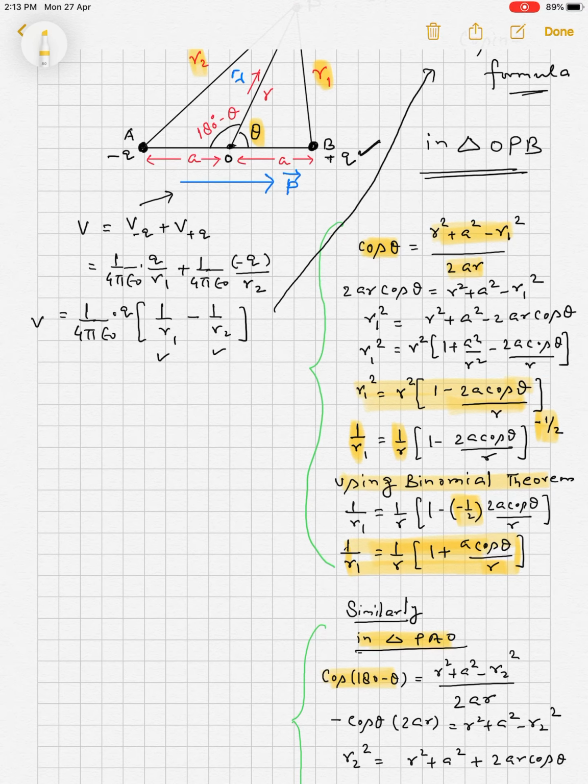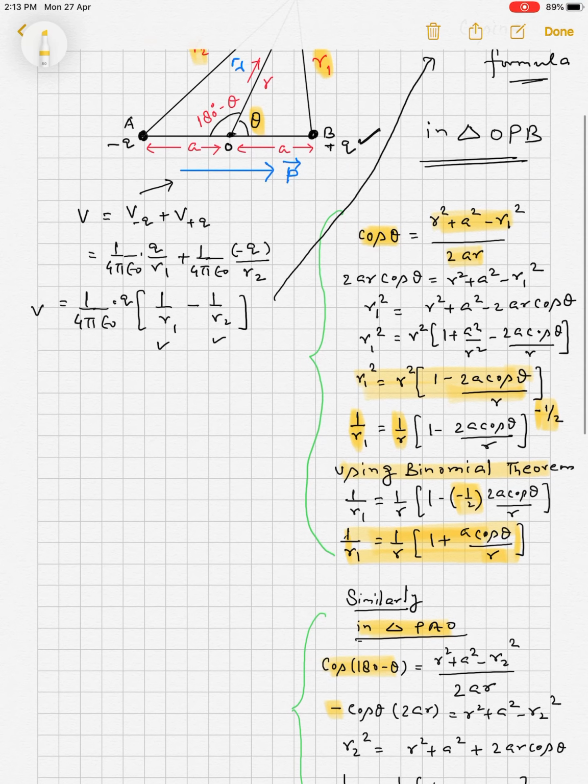So cos 180 minus theta is equal to minus cos theta. By cross multiplying, we have minus cos theta into 2ar is equal to r square plus a square minus r2 square. So r2 square equals r square plus a square plus 2ar cos theta.